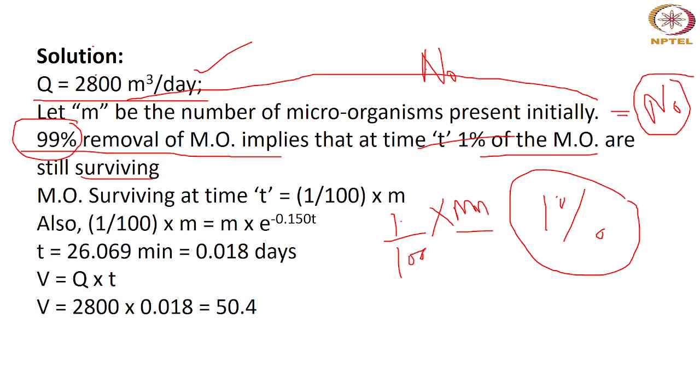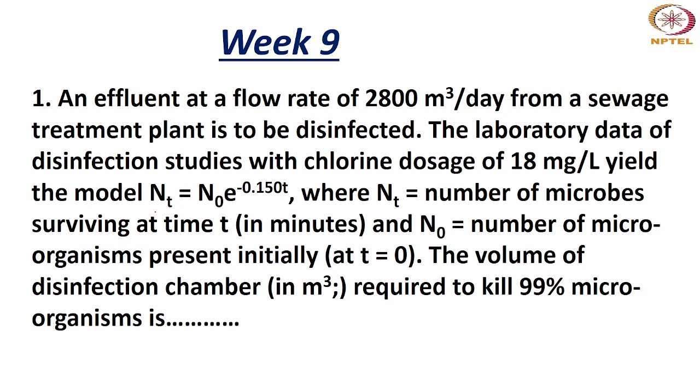I think all of you are aware of this expression; this is nothing new to you. So 1 divided by 100, that is 1%, multiplied by N naught, is the number of microorganisms I have at time t. That equals N naught multiplied by e to the power minus 0.15 t. That is the model.